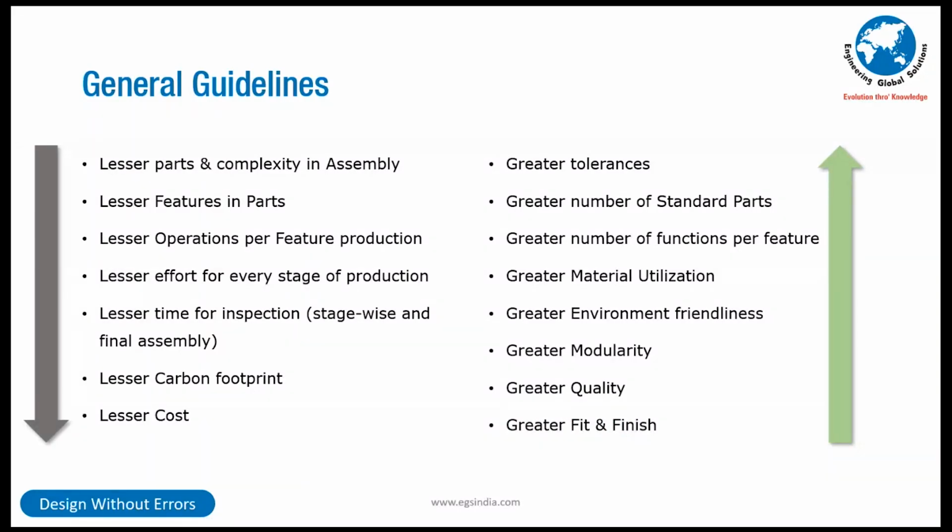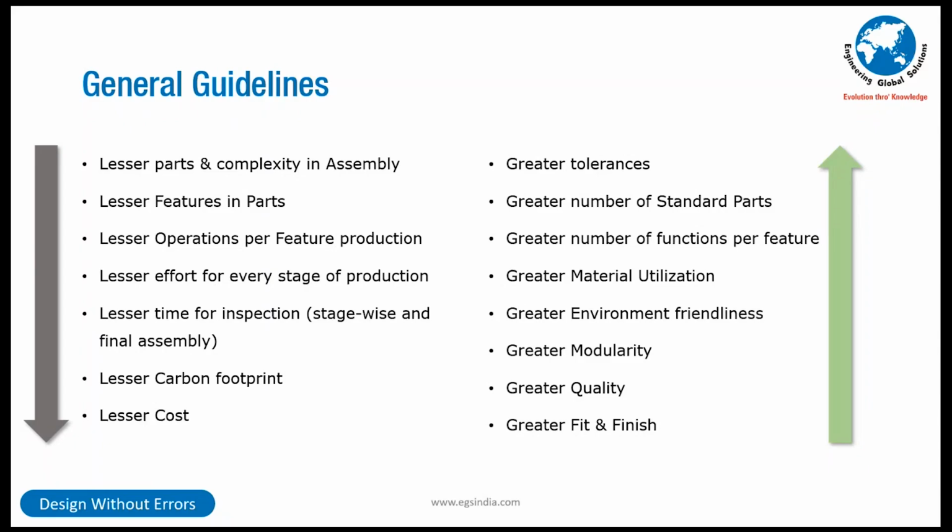So we have looked at all the different considerations from a design for assembly point of view. So in general guidelines: lesser parts and complexity in assembly, lesser features in parts, lesser operations per feature production. Every feature that you are putting in the vehicle, in the part, the product part cost is going up.